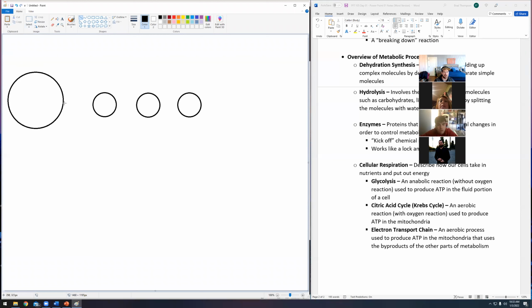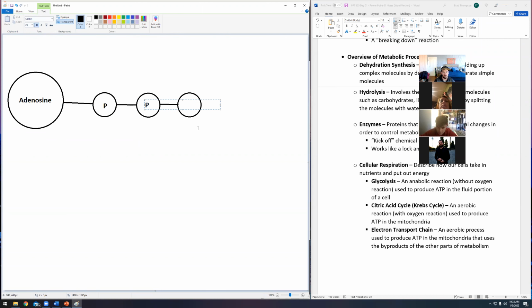And it looks kind of like this. It's this little molecule of adenosine and 3 phosphates. That's ATP, okay? Adenosine triphosphate. So we'll make a whole bunch of these molecules right here.